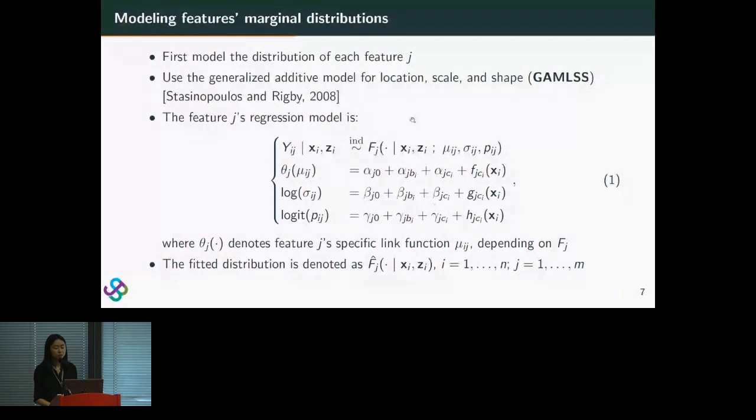We can use this method developed in statistics back in 2008 called Generalized Additive Model for Location, Scale, and Shape, GAMLSS for short.